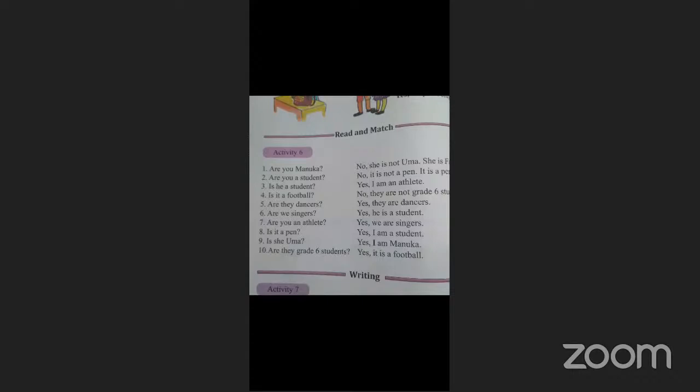Is it a pen? Is she Uma? Are they grade 6 students? So you can look at the answers. You have your textbooks with you, right? You can find the answers for the given questions.